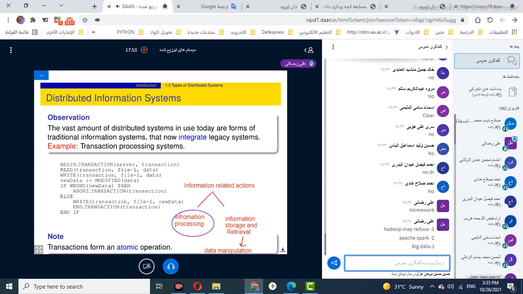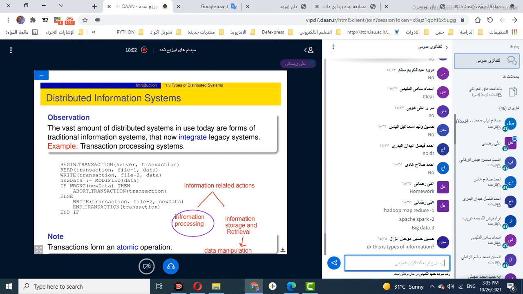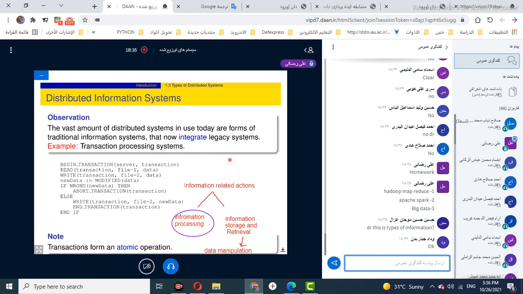These three things should be studied for your homework. This is your homework, dear Hussein. You should study these three concepts: Hadoop MapReduce, Apache Spark, and the concept of big data.